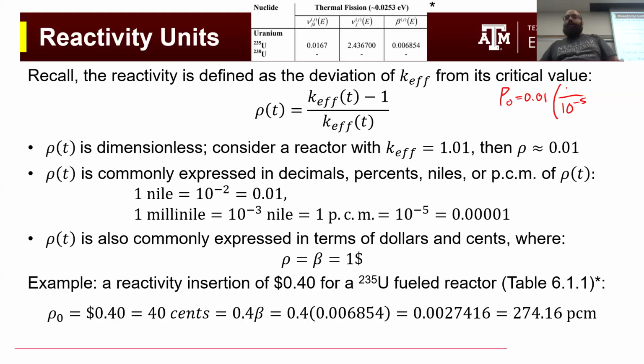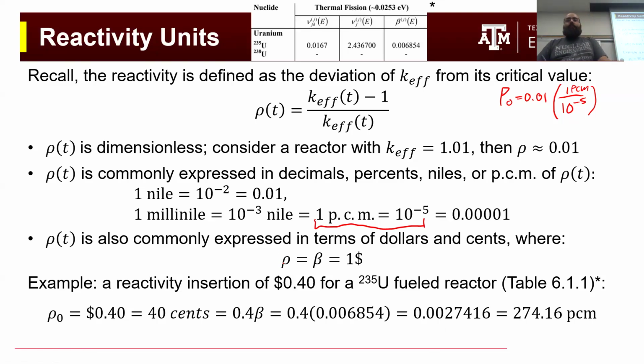So in that case, this right here is my conversion factor, where I'm currently in decimal units. So I put the 10 to the negative 5 on the bottom, and I put the PCM on the top to convert this into some number of PCMs. Usually the number of PCMs will be relatively large, but it's just a unit conversion.